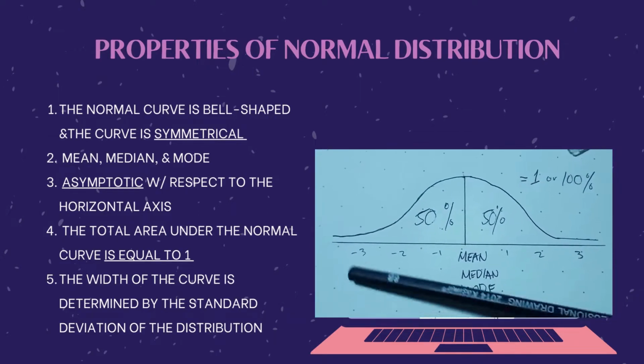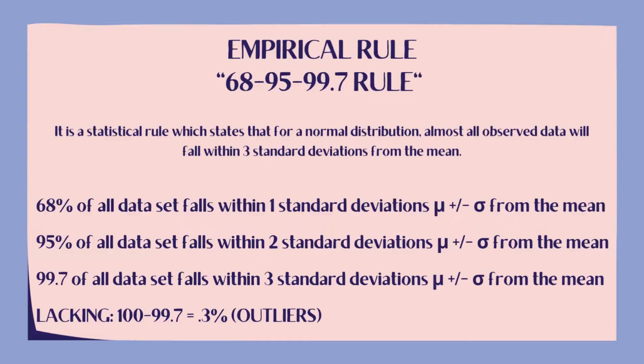Okay, so now let's talk about the empirical rule, also known as the 3 sigma rule or the 68-95-99.7 rule.